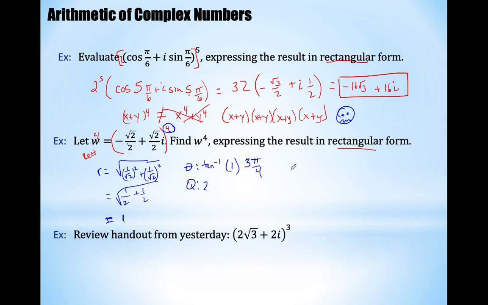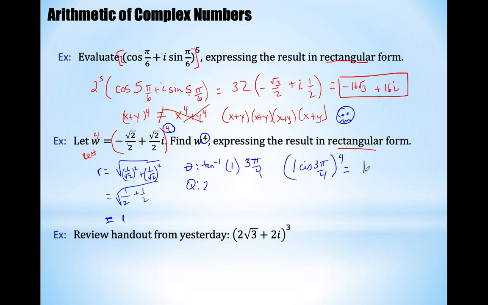So if I take what's in the red parentheses, in polar form I have 1 cis 3 pi over 4, and I am asked to raise that to the 4th power.